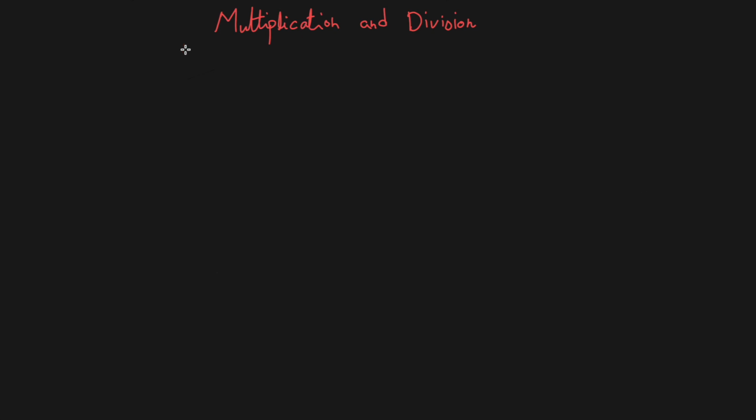Let's have some examples, and I hope it will make it clear to you. So let's say we have the first example. Let's take 4.0 times 10 to the power 3, and we have 2.0 times 10 to the power, oh sorry, 10 to the power 2 here.